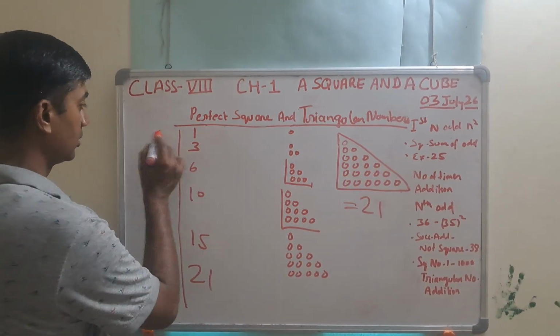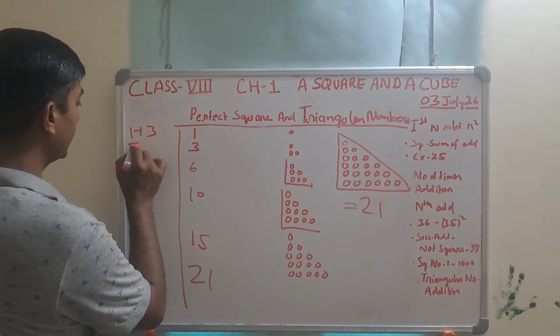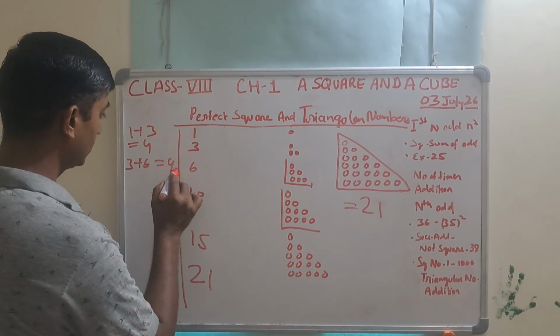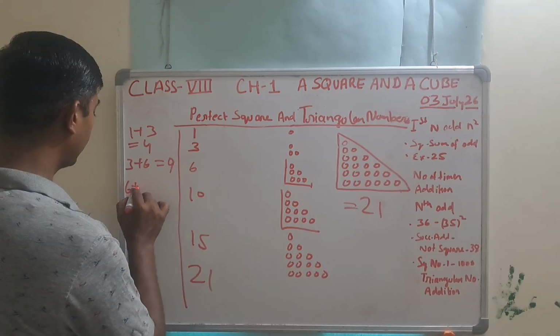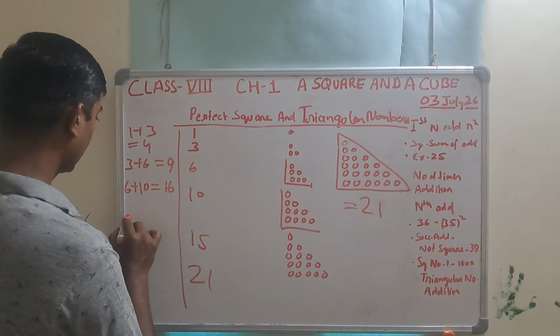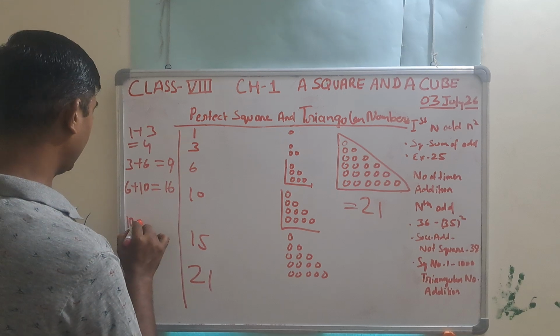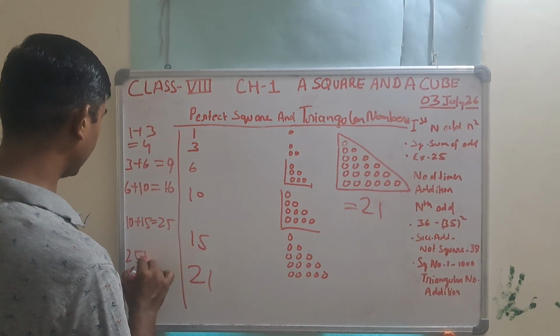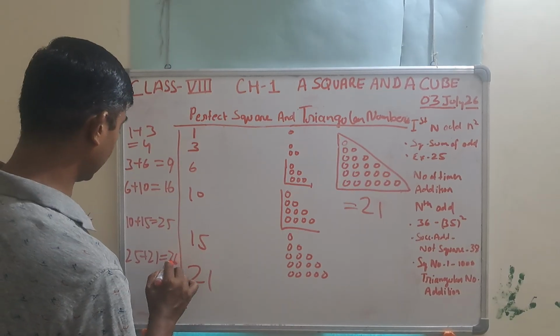Let's add. 1 plus 3 you will get 4. 3 plus 6 you will get 9. 6 plus 10 you will get 16. 10 plus 15 you get 25, and 15 plus 21 you get 36.